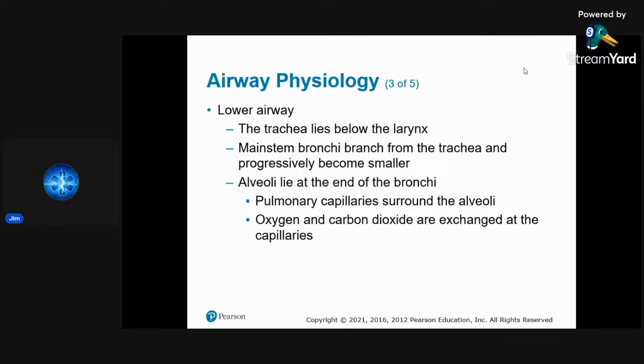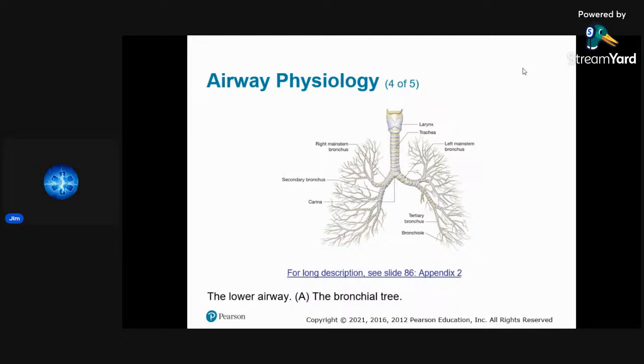From the trachea, it'll go into the main stem bronchi, which branch from the trachea and progress to smaller bronchioles, and eventually end up in the alveoli, which are the air sacs at the very end. Remember that pulmonary capillaries surround these alveoli, and the thin membranes let oxygen and carbon dioxide exchange across these membranes through the diffusion process, where we go from a higher concentration to a lower. Here's a picture we've seen several times.